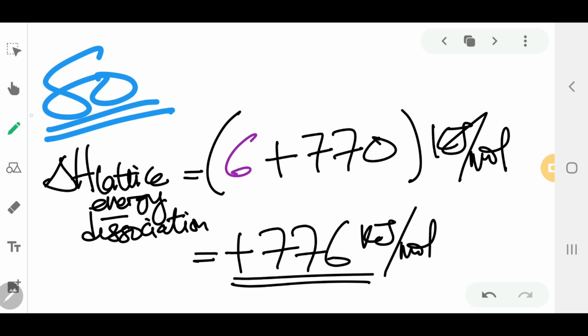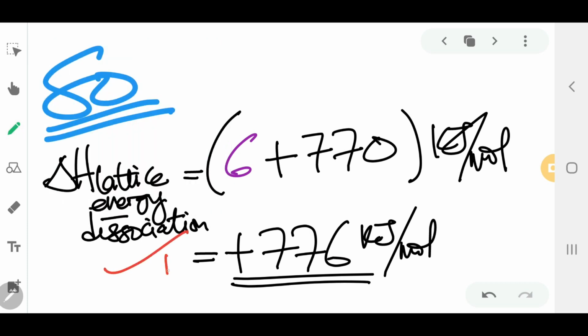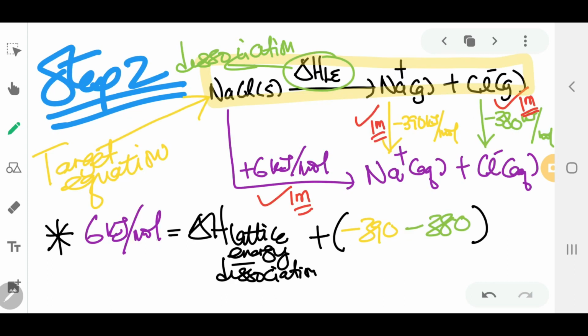Okay, so that is the answer. In terms of marking, you will get 1 mark for this. Okay, 1 mark for the formula.